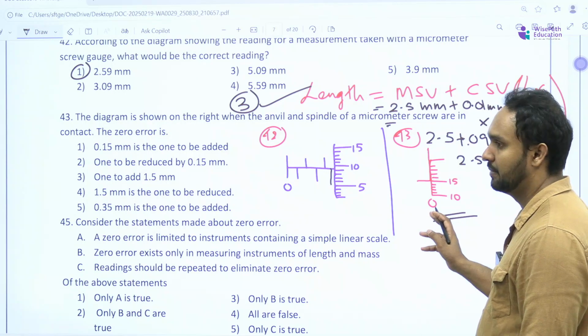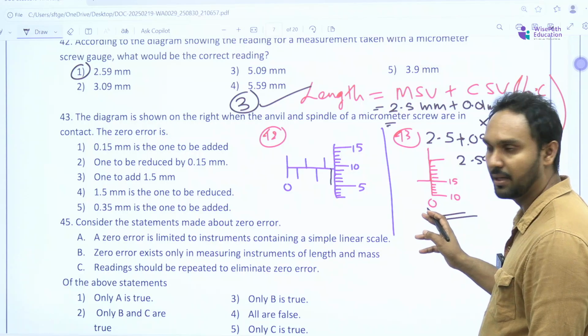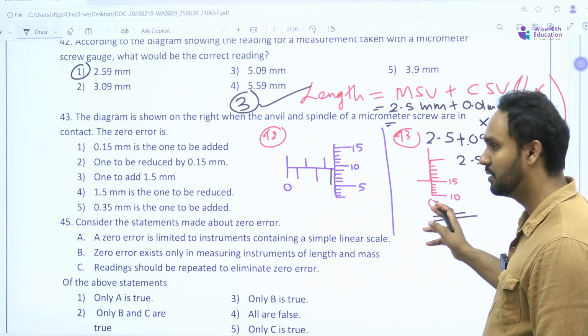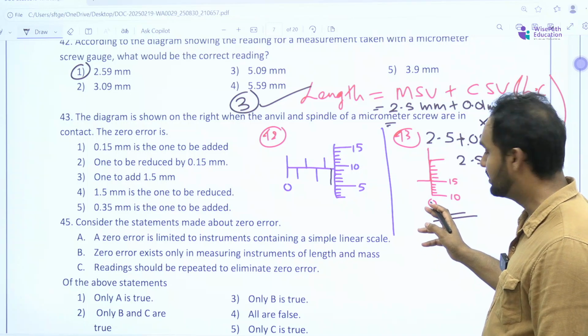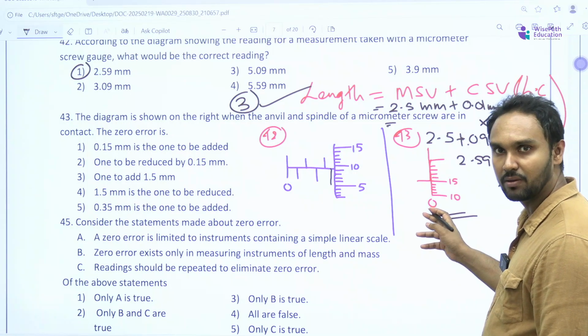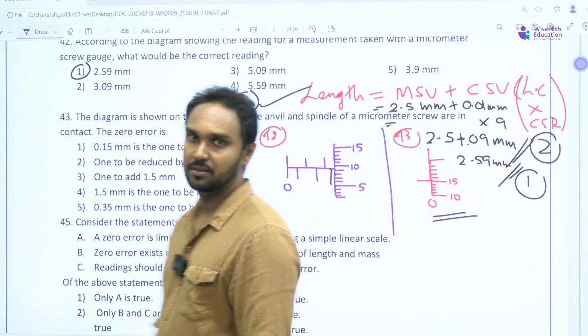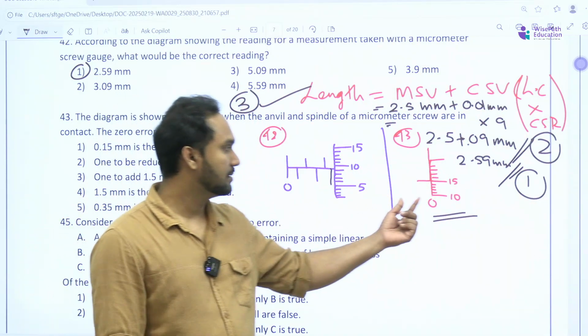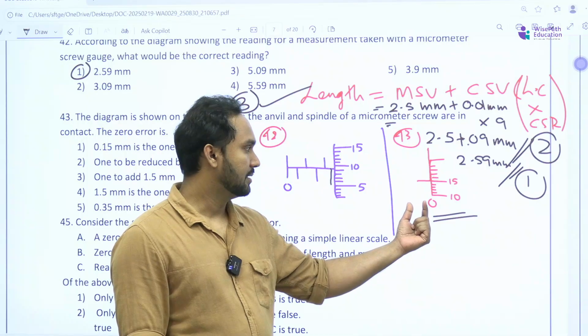And the zero of the main scale is also appearing. It's not closed, right? Since the 0 of the main scale is appearing, it's not a negative zero error. If the 0 of the main scale is not appearing, there is a possibility that it is a negative zero error. We discussed this, right?